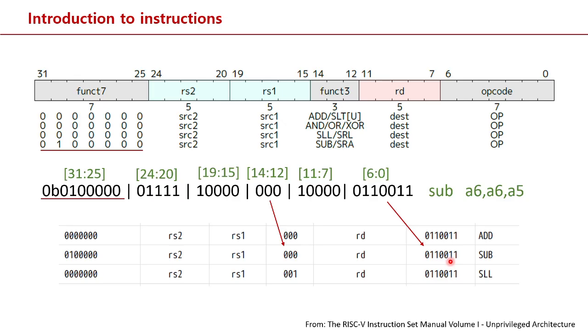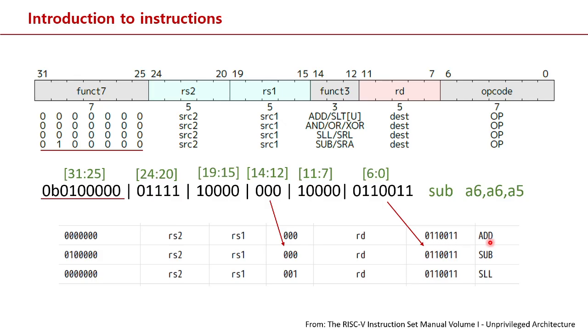But other assembly instructions like ADD and SLL have the same binary value in the opcode bit field, 0, 1, 1, 0, 0, 1, 1.